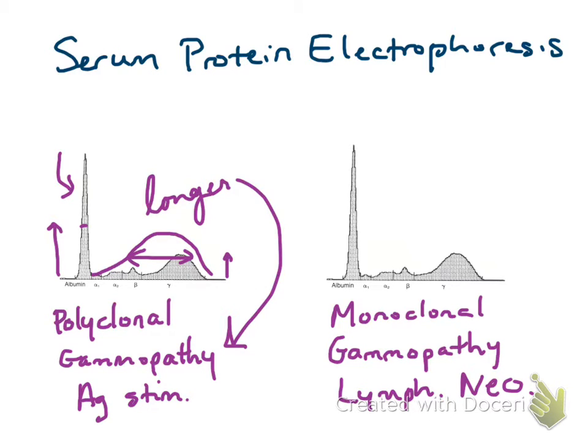So the peak within the globulins region is narrow. And again, you're going to compare the width of the globulins peak to the width of the albumin peak, and if they're about the same size or the globulins peak is narrower, then the interpretation is monoclonal gammopathy, i.e. lymphoid neoplasia.